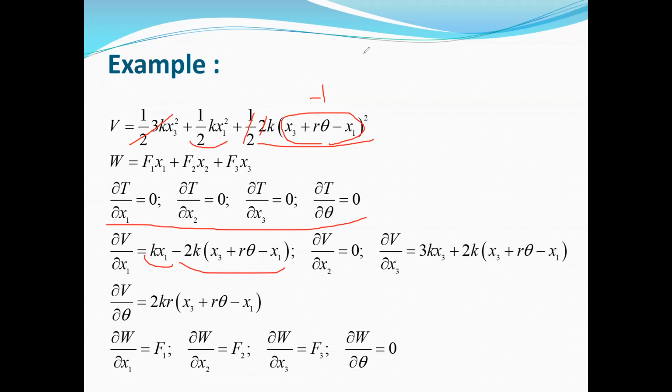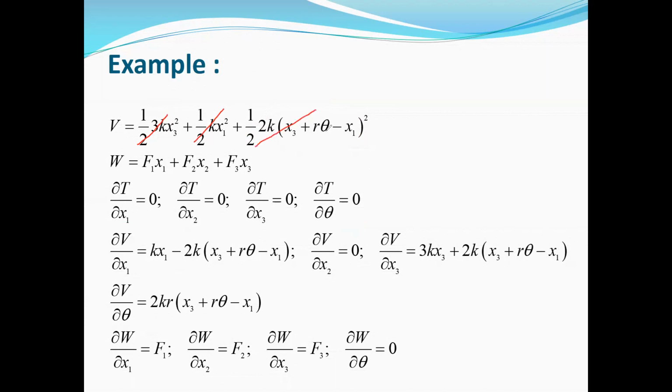The partial of V with respect to x2: here we don't have x2, here we don't have x2, and in this term we don't have x2, so it's equal to 0. The partial of V with respect to x3: here we have x3. In this term we don't have x3, it's 0, and again here we have x3.